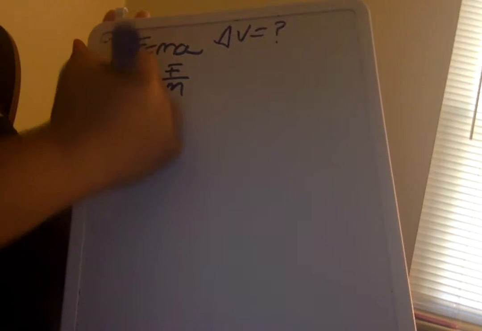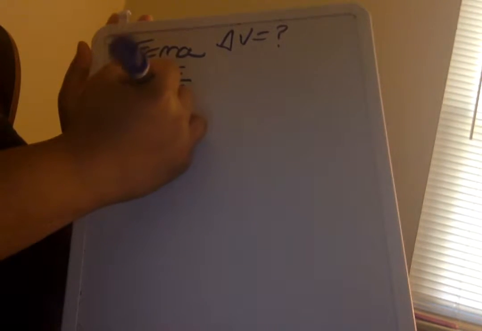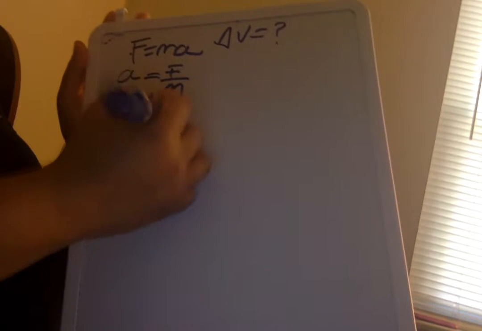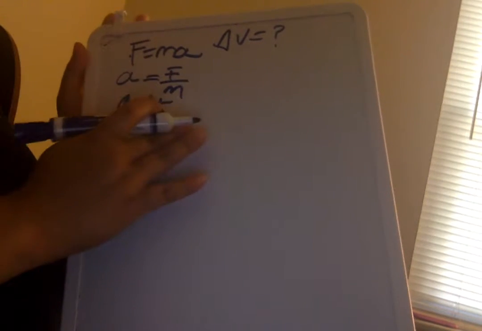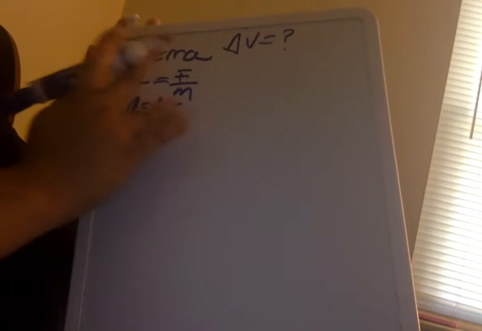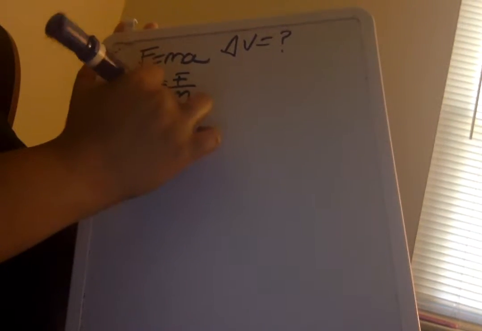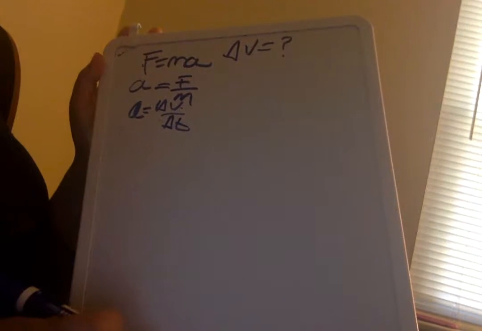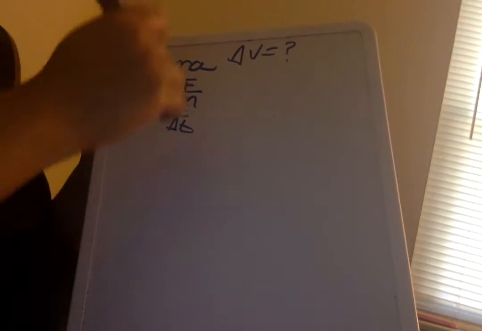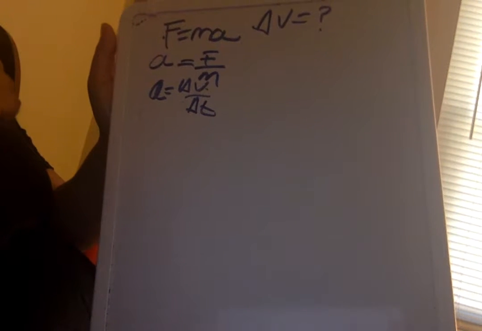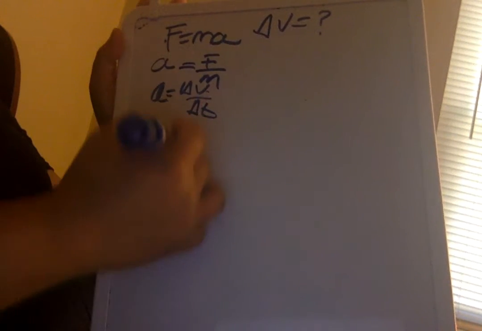But acceleration also equals delta v over delta t. So the change in velocity over the change in time. If we want to find our delta v, we can just manipulate this equation.